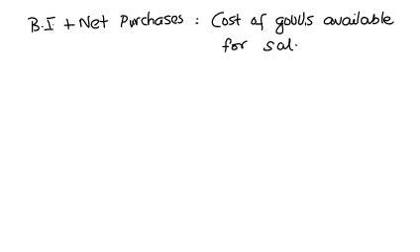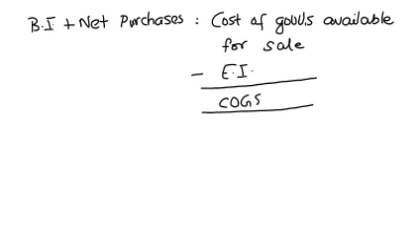Now we are going to denote all this in dollar terms. Now from the cost of goods available for sale, if we subtract out the ending inventory, we get the cost of goods sold. I'm going to illustrate this with the same example.